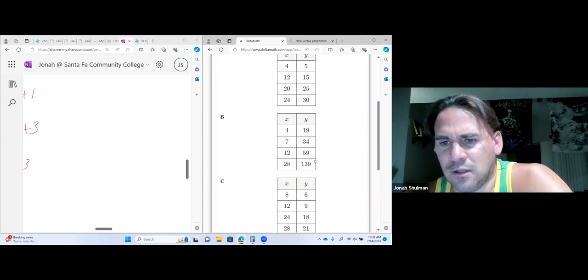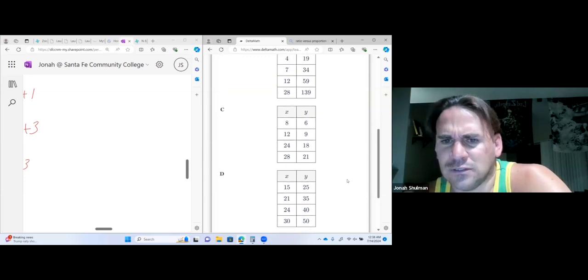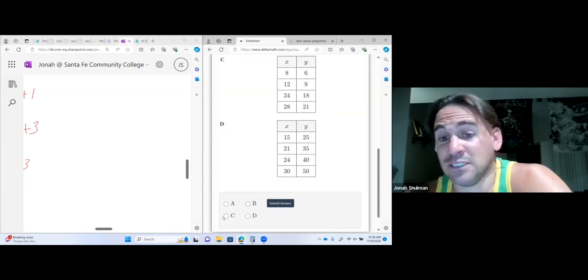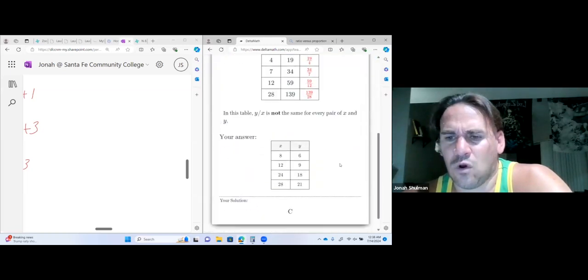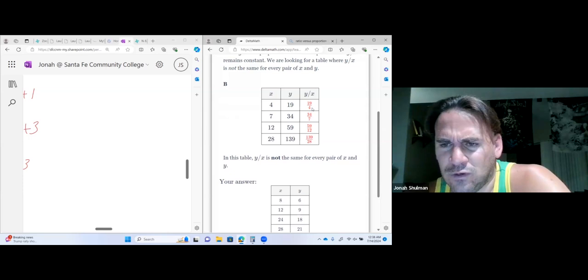I don't think it's B. This is 3 halves. I like C. I think C is the right one. I'm just looking at them and seeing which one looks like a good pattern. It's not. 19 over 4, 34 over 7, 59 over 12, 139 over 28.